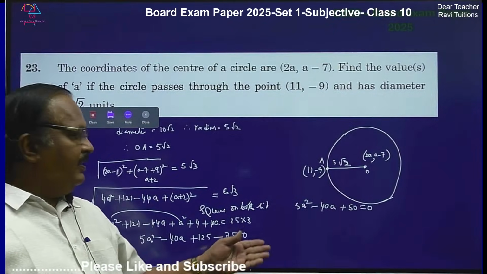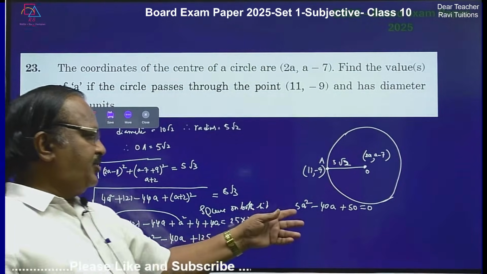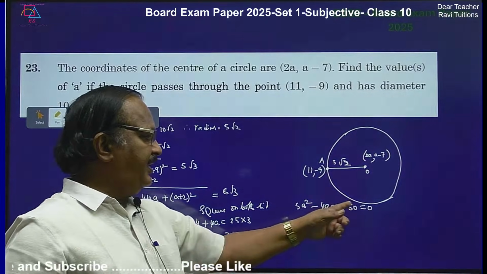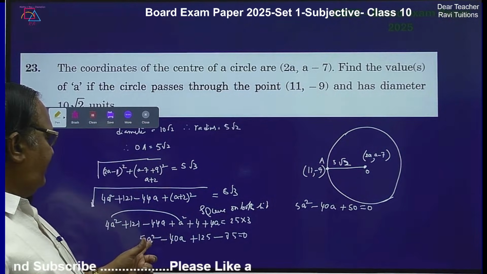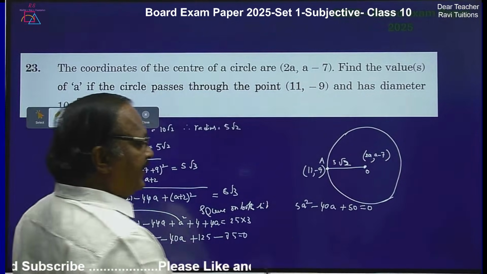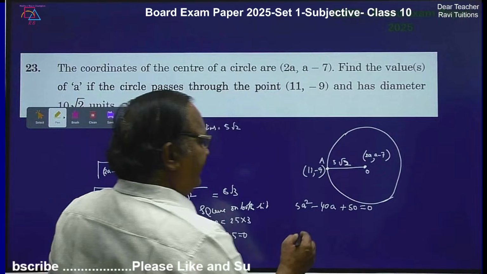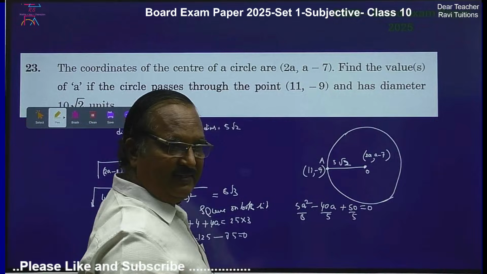Okay. Now I am going to tell you splitting the middle term in this, you can watch. 5a square minus 40a plus 75. You check it again. Okay, 5a square minus 40a plus 125 minus 50. So you can divide every term by 5 so that it will get simplified.